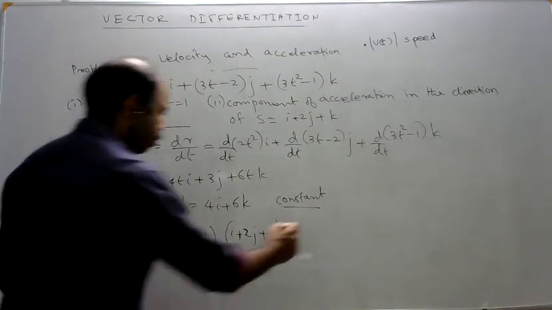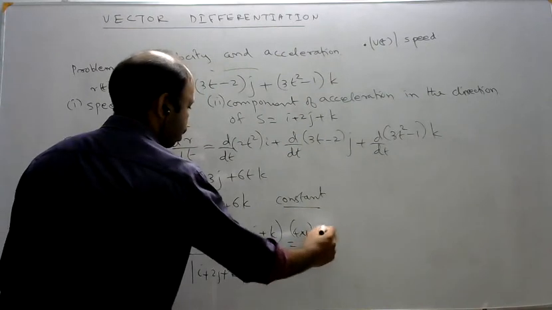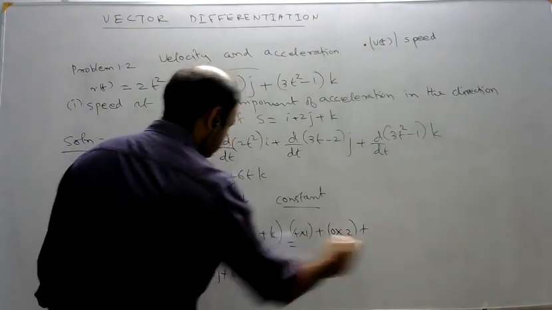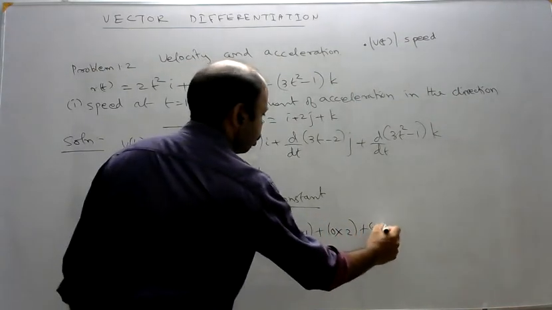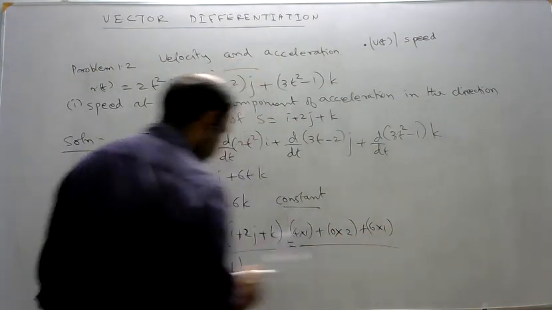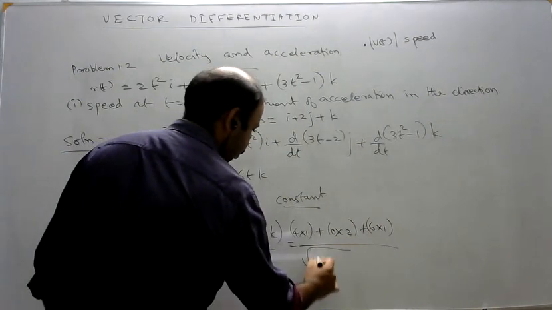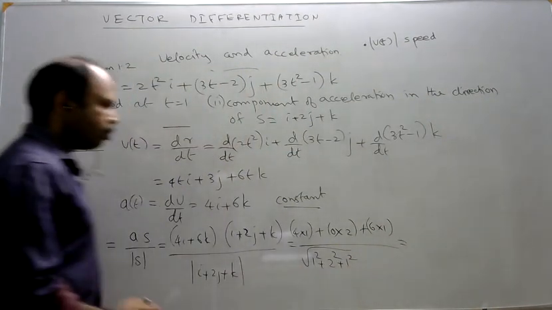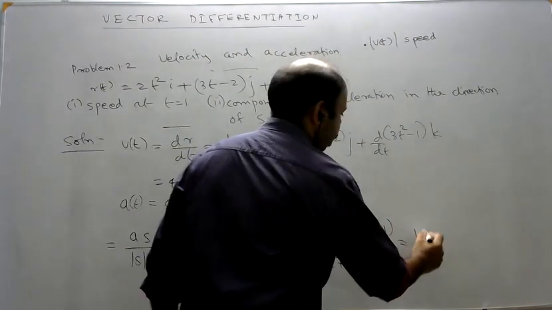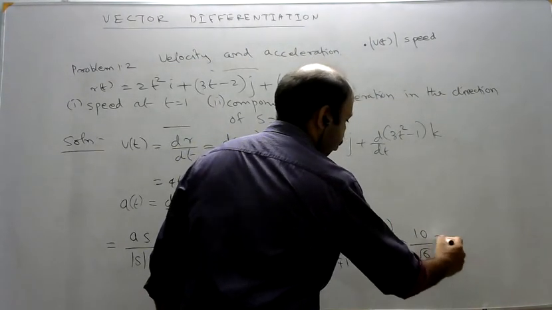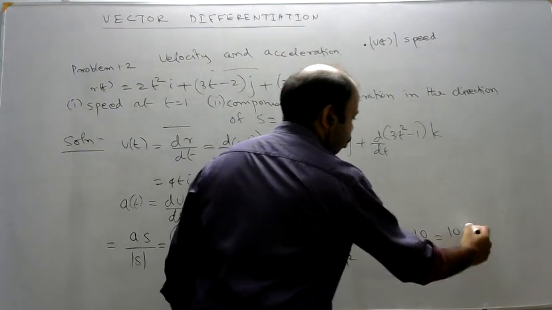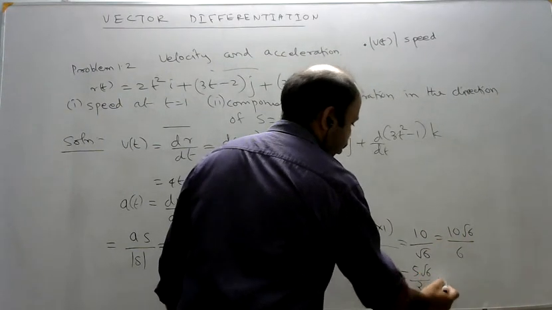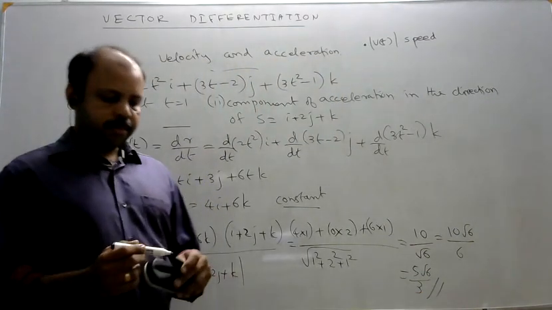So 4 into 1 plus 0 into 2 plus 6 into 1, divided by root of 1 square plus 2 square plus 1 square. So simply 10 by root 6, or 10 root 6 by 6, or 5 root 6 by 3.